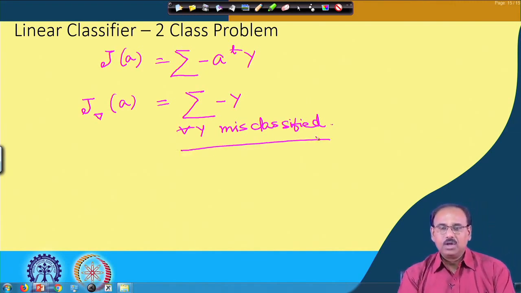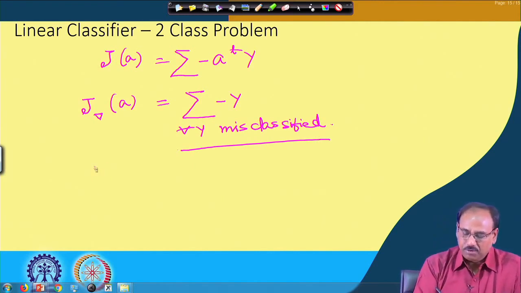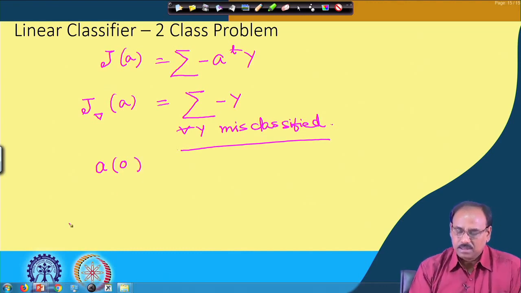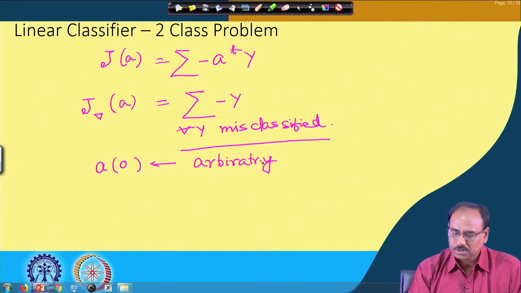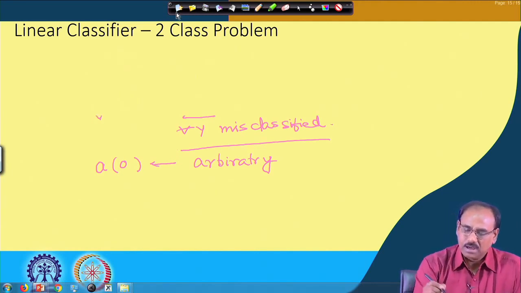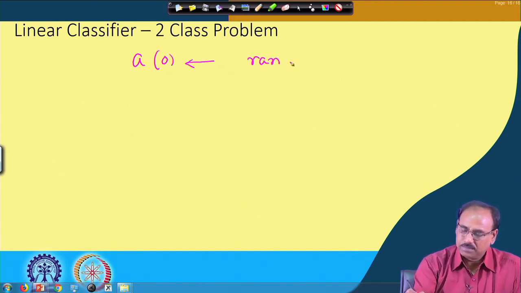So, my decision rule can be, as we said before, that initially at the 0th instant, I assume that A 0 will be chosen arbitrarily, or better, I choose A 0 at random.